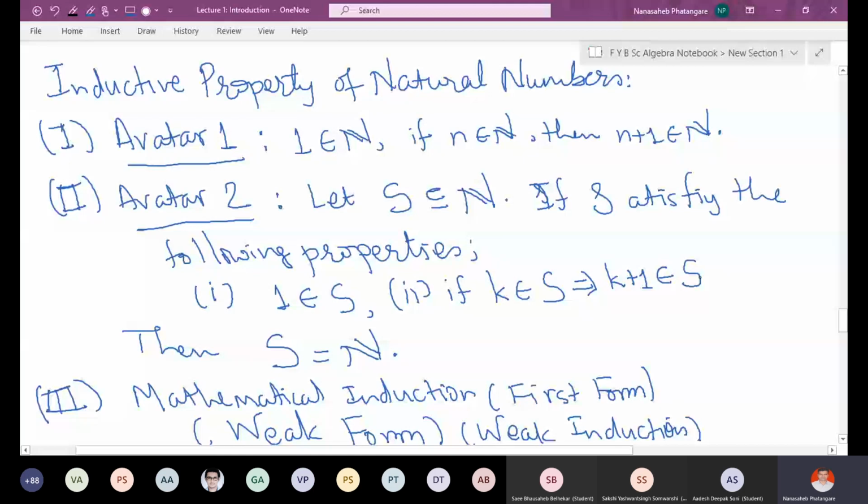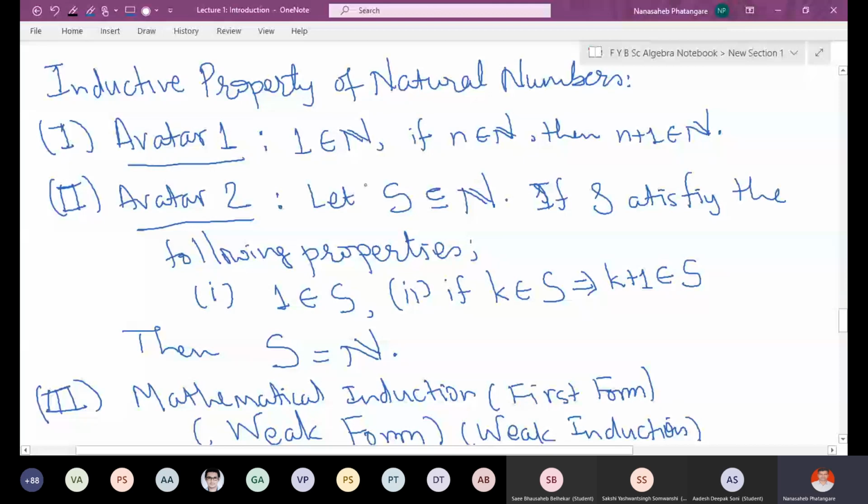It is not a smaller set. That is the meaning of this. Ultimately at some point of time you can prove that these two avatars are equivalent.